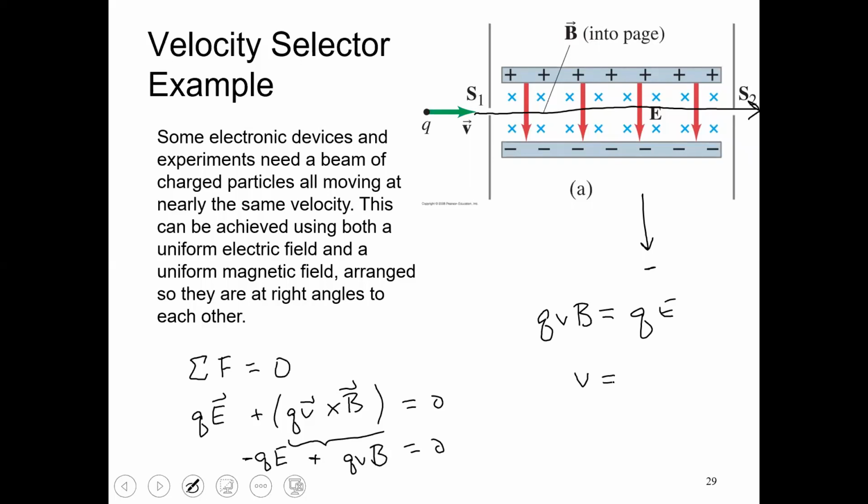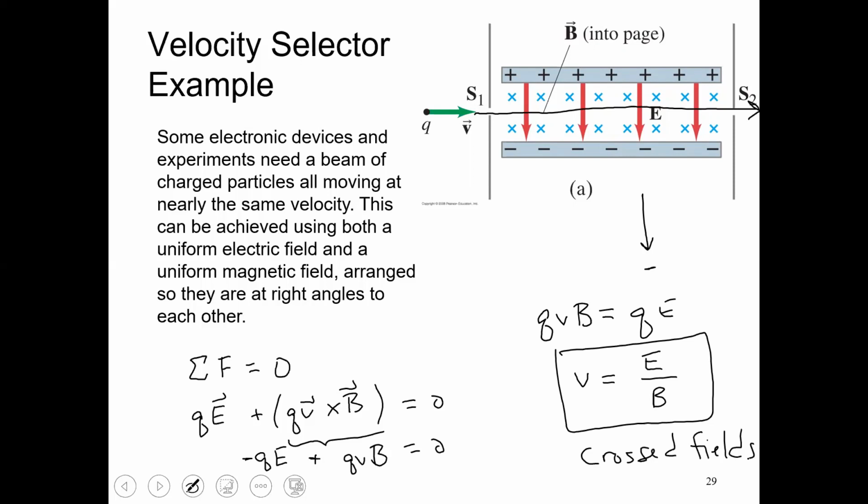And my velocity selector just lets me know that my velocity is going to be a ratio of the magnitude of my electric field and the magnitude of my magnetic field, right? And so this is for the very specific case of crossed fields where everything's at right angles. My velocity is at a right angle to my electric field, which is at a right angle to my magnetic field as well. So that's one application of this, the velocity selector.